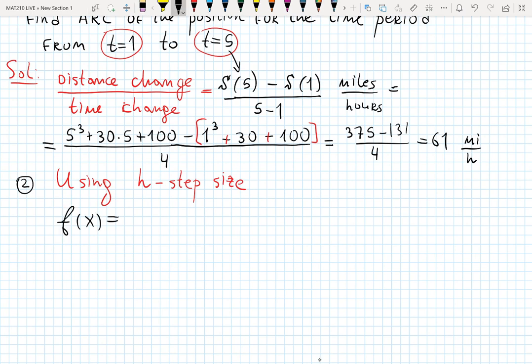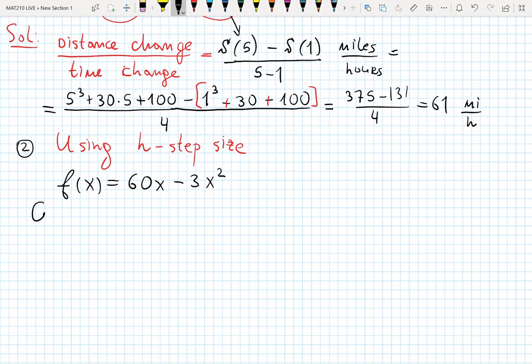I give you a function 60x minus 3x squared. And I ask you to calculate the average rate of change.